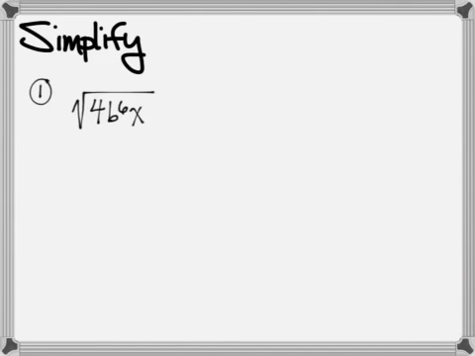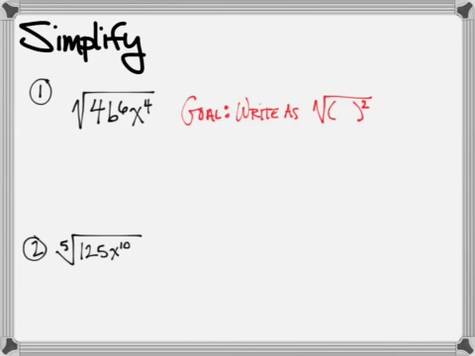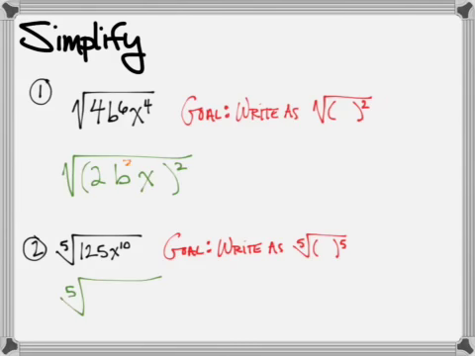A lot of what we're going to spend time on is simplifying these roots into things that are easier to break down, so different chunks. Our goal is to get something as the square root of something squared, because those are inverse operations, and we'll just be left with what's in the parentheses. Same thing with number 2. Our goal is to get it as the fifth root of something to the fifth power.